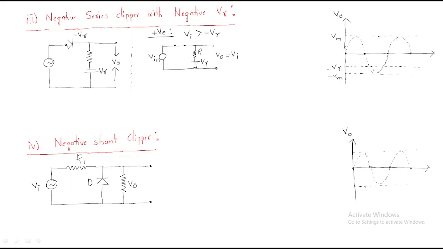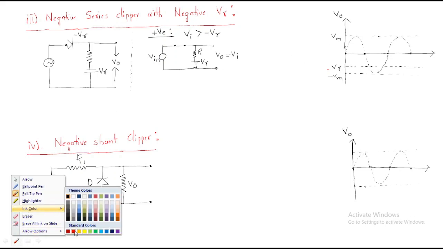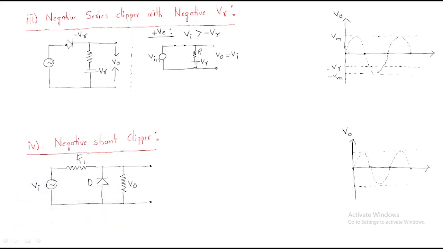That's why, more than VR, this is more than the reference voltage, it will follow the input curve. That means the negative VR is a dotted line and it follows like this.